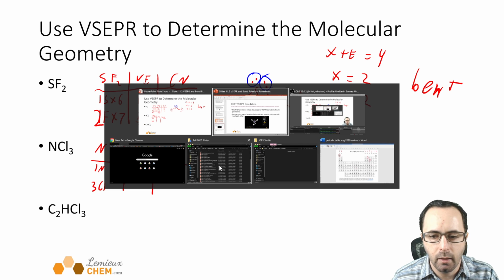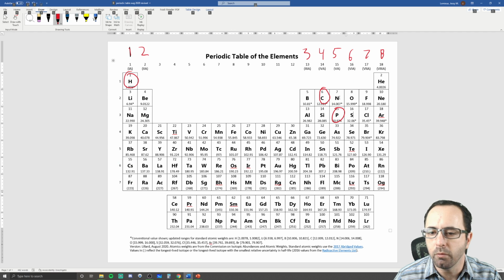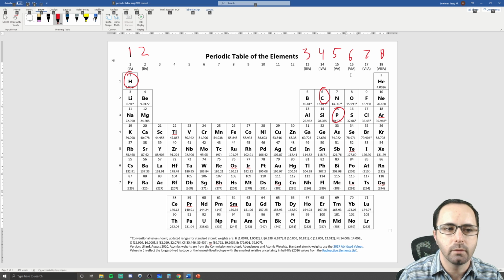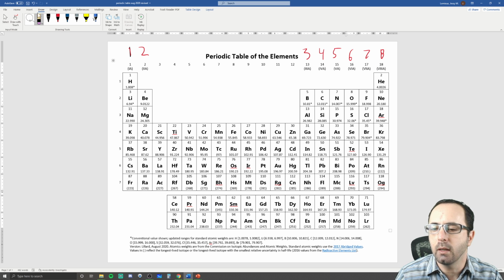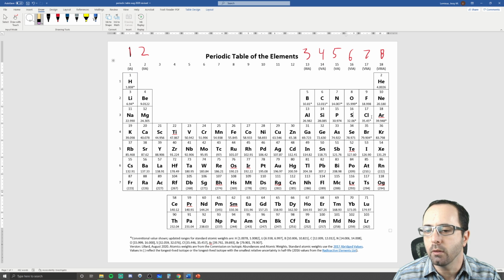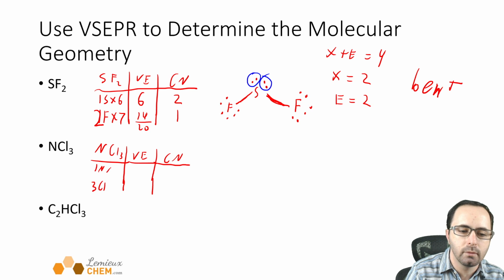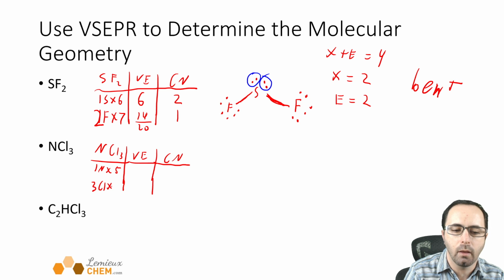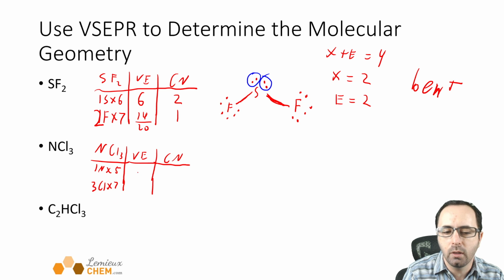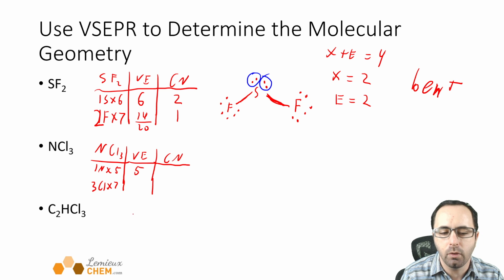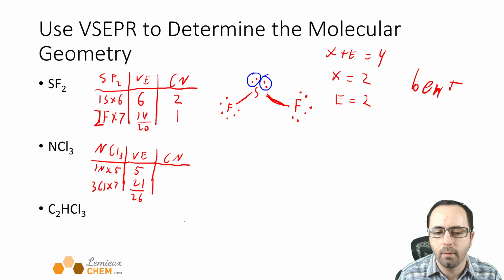Nitrogen is in group 5, and chlorine is in group 7. So nitrogen has 5 valence electrons, chlorine has 7. So 1 nitrogen with 5 valence electrons, that's 5 total valence electrons. 3 chlorines, each with 7 valence electrons. That is 3 times 7, 21 valence electrons for a total of 26.